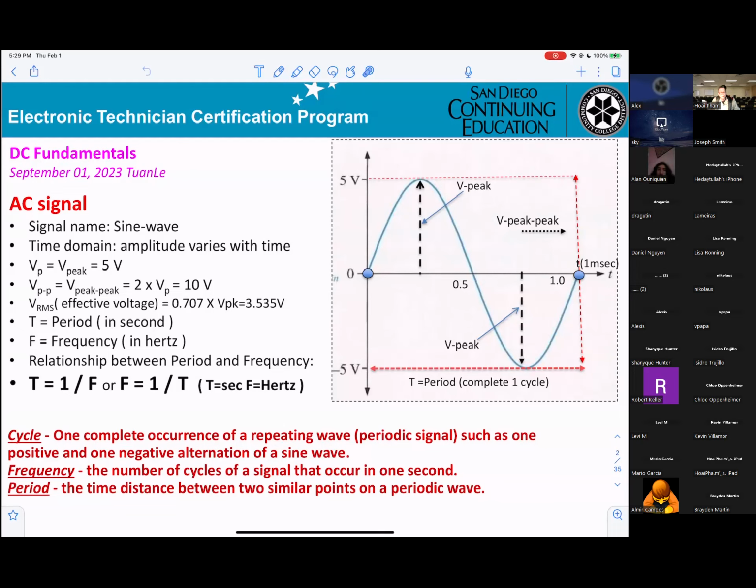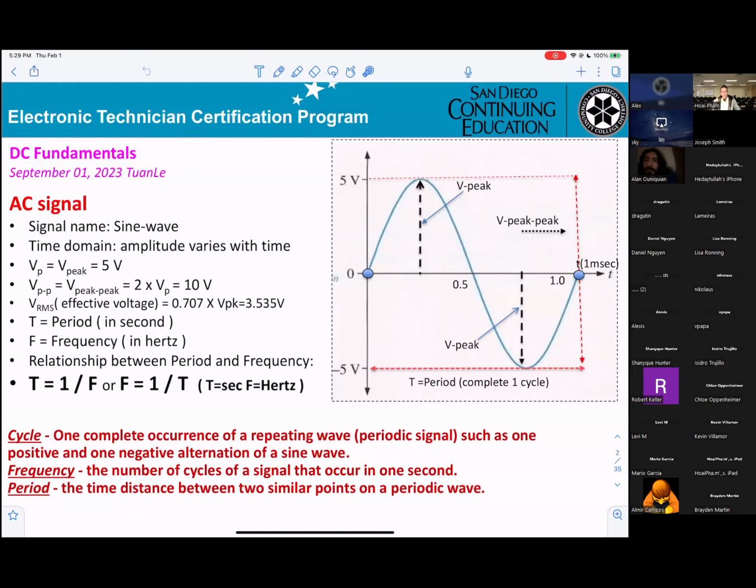That will be volts AC or volts RMS. Okay? They're not talking about that sine wave. The only thing we're working on in electronics is that sine wave. So, in order to get the effective voltage V RMS, you take the peak times 0.707.